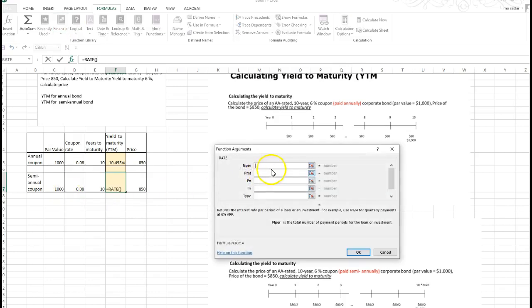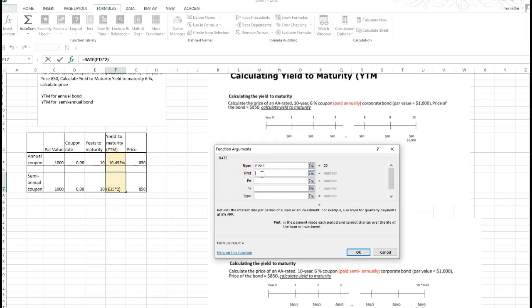Okay. Number of periods this time around is going to be twice as many. So we're going to take the number of years, times 2, because we're going to get twice as many payments, 2 times every year for 10 years, so it will be 20.